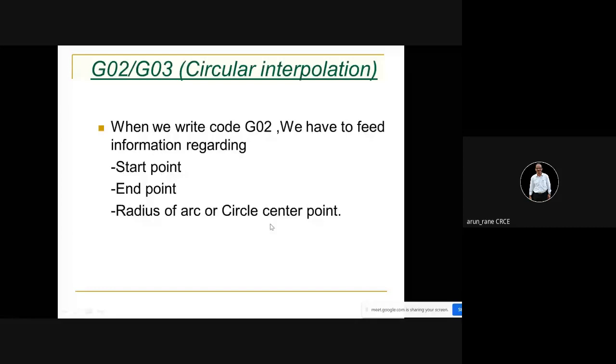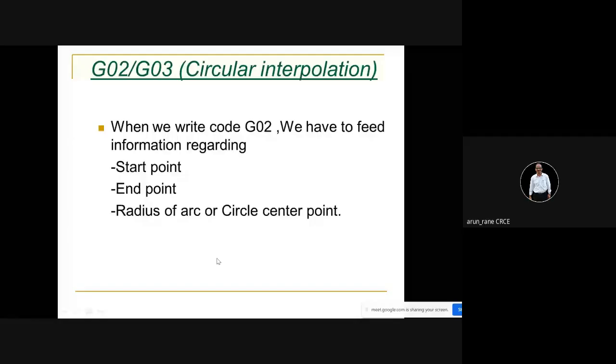Modern controls need only the radius, because the calculation is good enough that even if you give the radius, it will calculate the center of the circle on its own. Earlier we used to give the circle center point also, but now it is not required. So it is easy to program circular interpolation now.